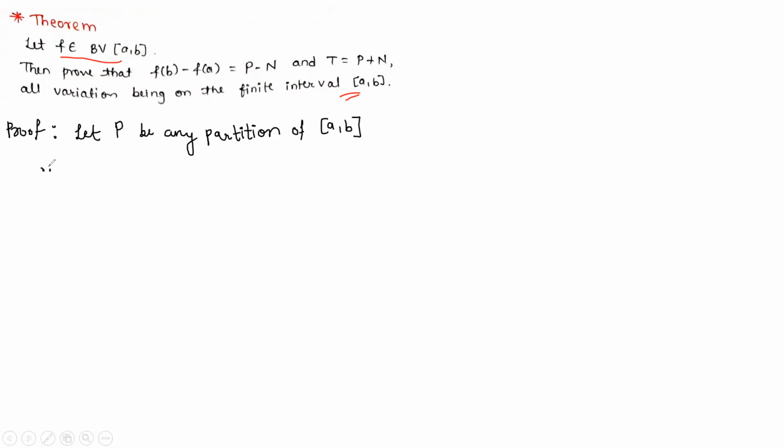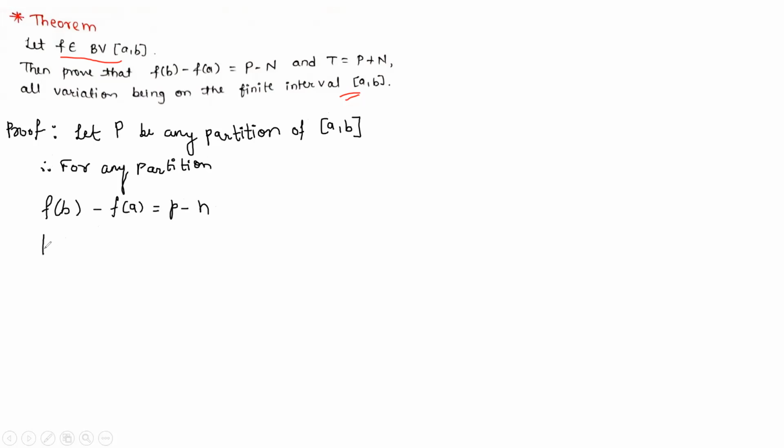So therefore, for any partition we have f(b) minus f(a) is equal to p minus n.